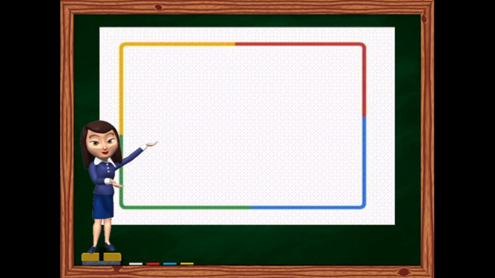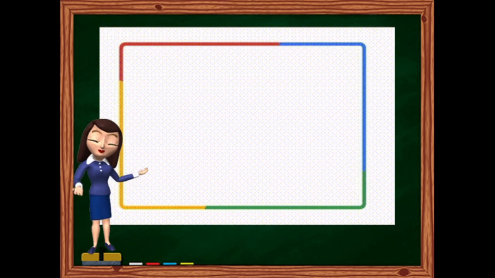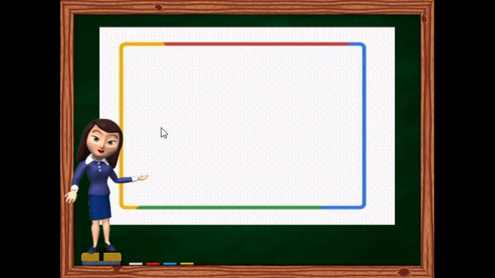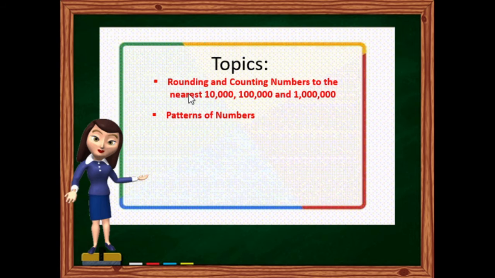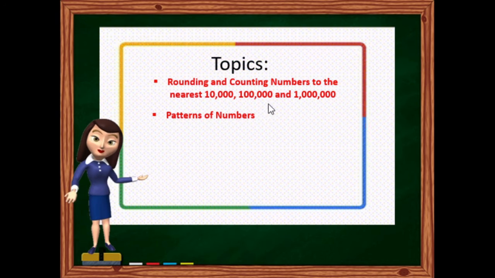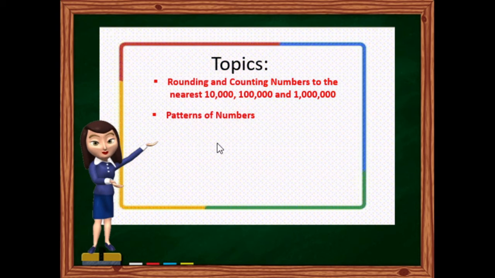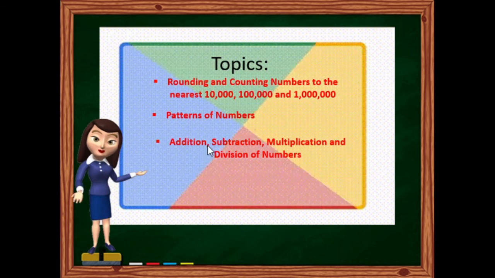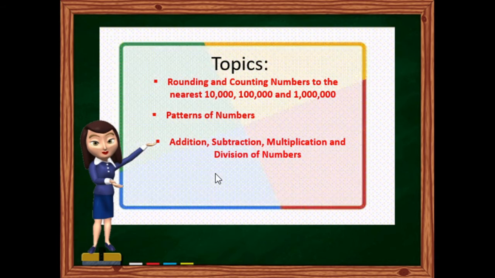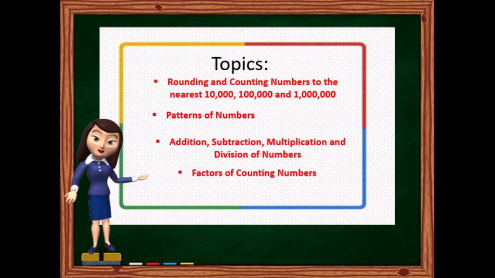Showing you are the topics that we have covered in our previous videos. First, we had rounding and counting numbers to the nearest 10,000, 100,000, and 1 million, patterns of numbers, addition, subtraction, multiplication, and division of numbers, and factors of counting numbers.